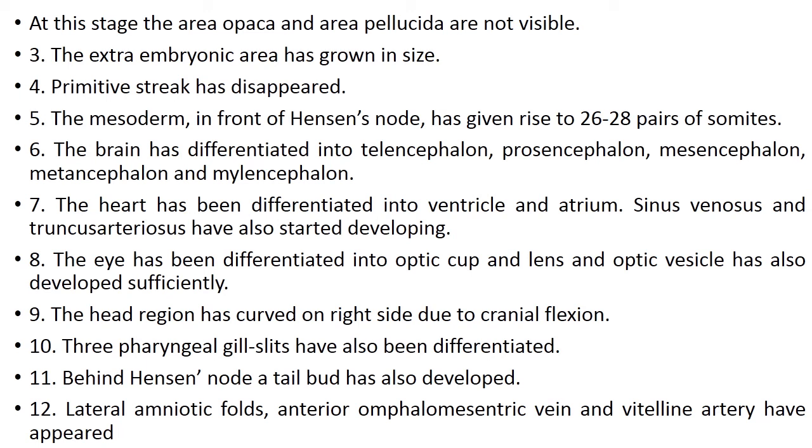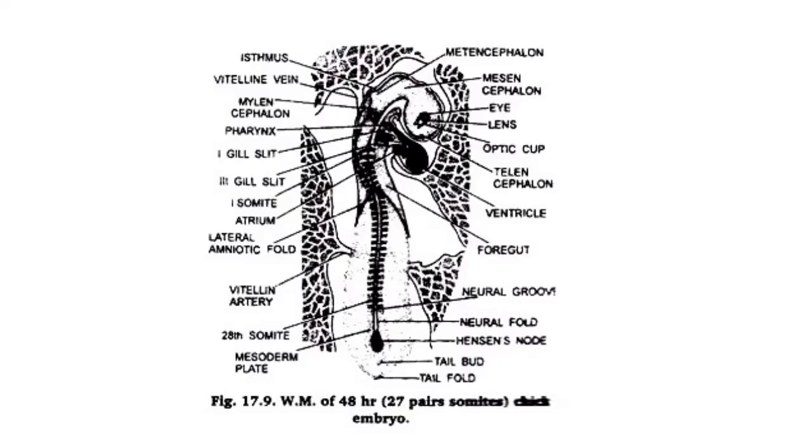In neural development, the prosencephalon curves, and this cranial flexion has occurred at 48 hours. 3 pharyngeal gill slits have also been differentiated, and behind Hensen's node a tail bud has developed. Lateral amniotic folds, anterior omphalomesenteric vein and vitelline artery have appeared. So this is at 48 hours.